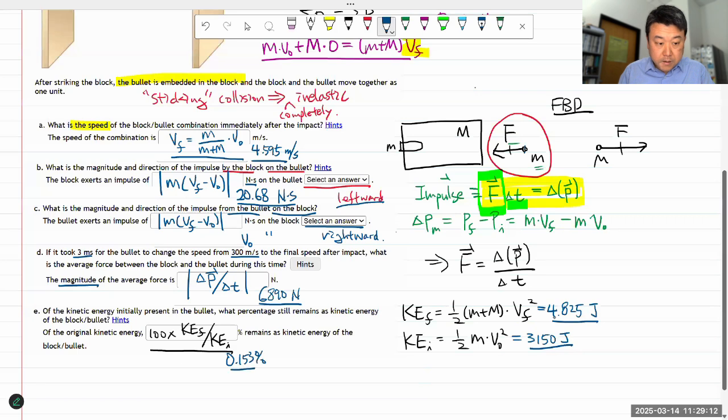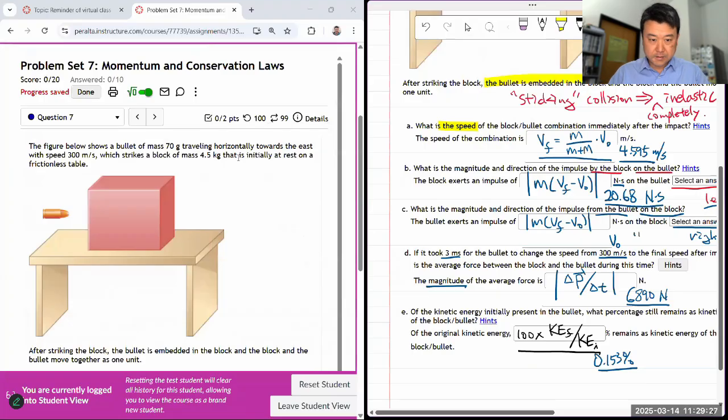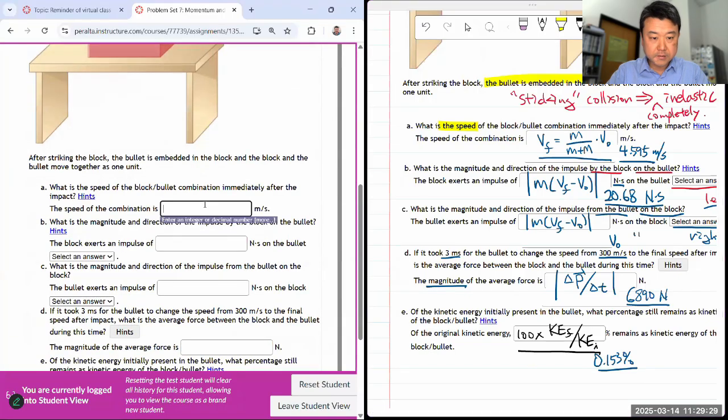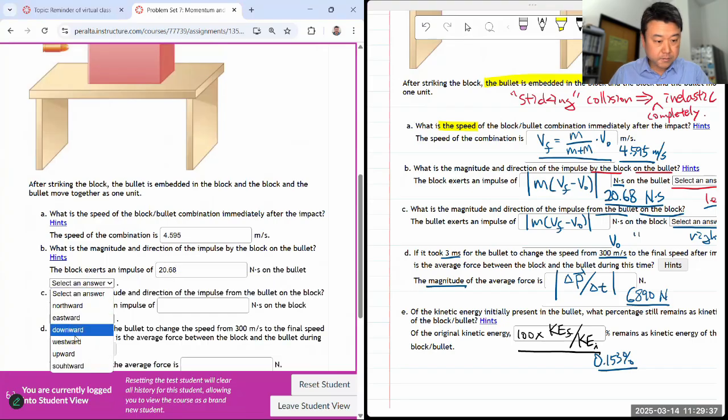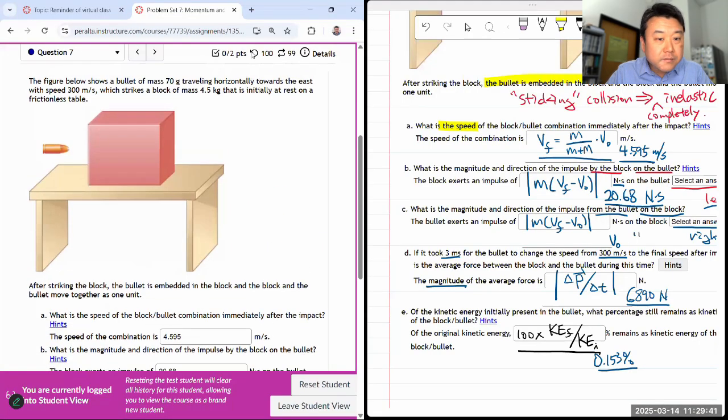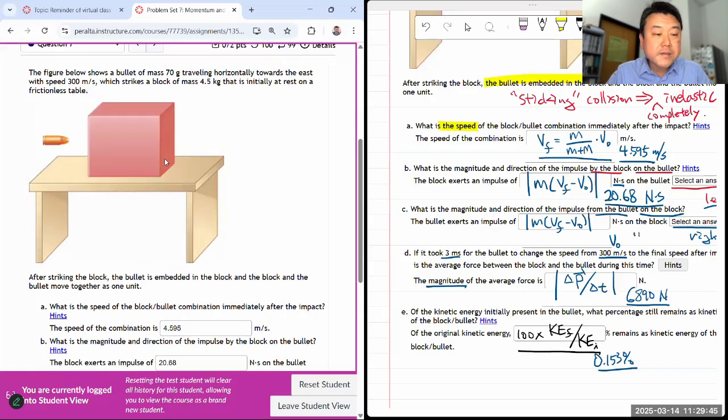0.153%. Okay, let's just plug in the numbers. Make sure I didn't make any mistake, or, if I did, fix it. All right, so let me just copy over those numbers. 4.595, 20.68, leftward. Oh, it's not an option. Did we talk about east is right and west is left?